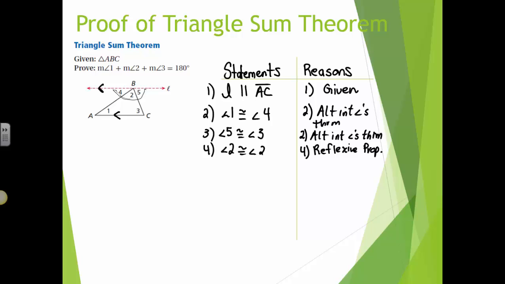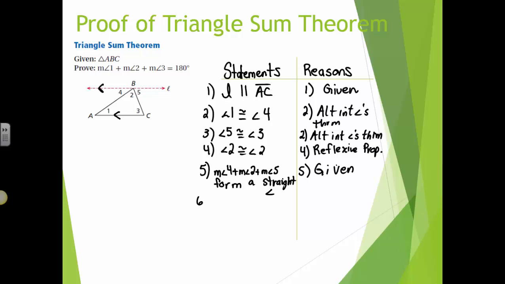Actually, we should say this more specifically: angle 4, angle 2, and angle 5 form a straight angle, and that's given.